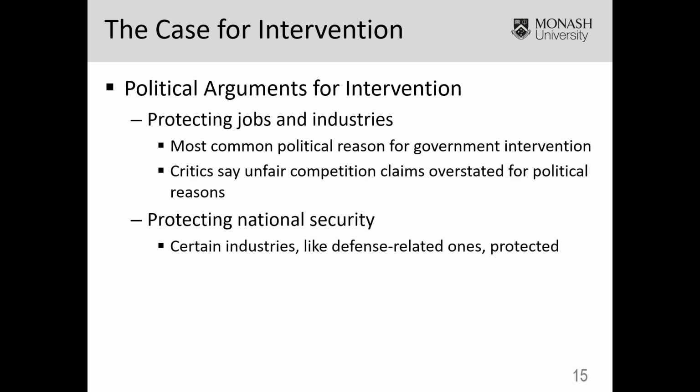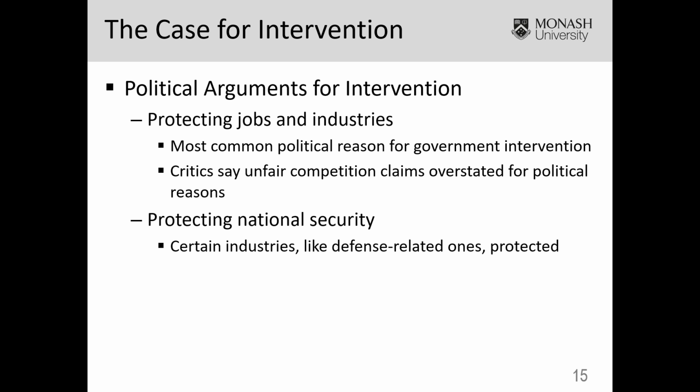So, what are the political arguments for trade intervention? Protecting jobs is the most common argument, most common political reason for government intervention. Even if that is not true, industry and government frequently argue that that is the rationale.